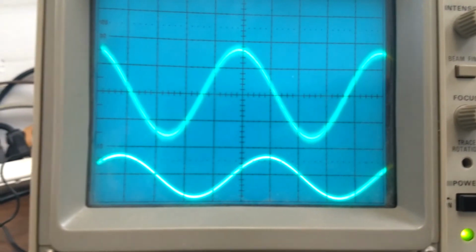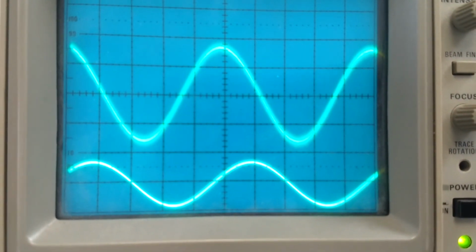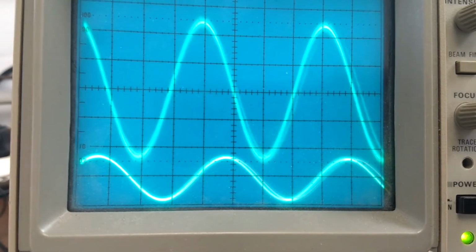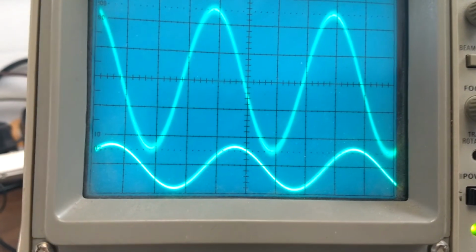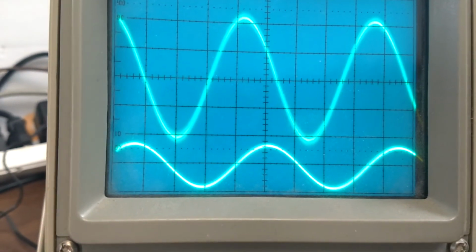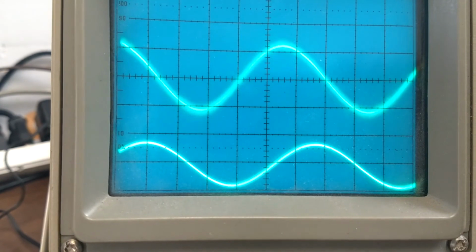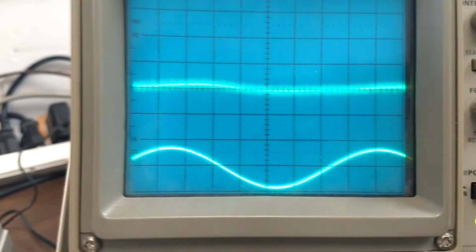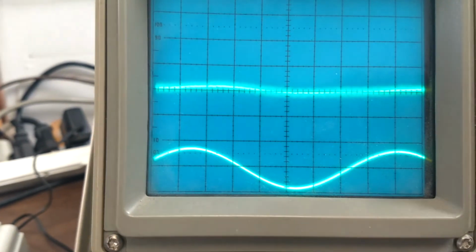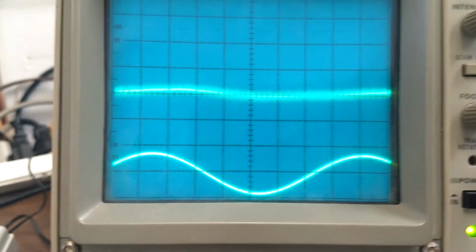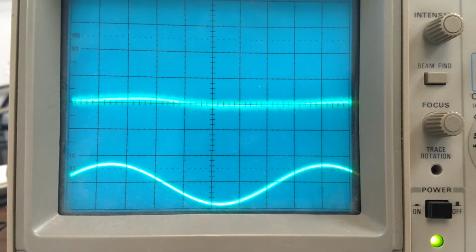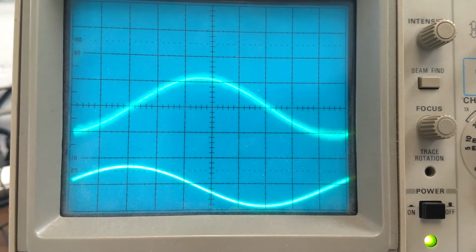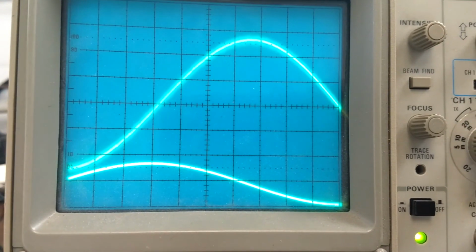which shows us that we do have current flowing. Now as I change the frequency, that's going away from the resonant frequency. And now as I approach resonance, notice the voltage across the L and the C combination goes to 0. And if I continue to lower the frequency, you can see it goes back up.